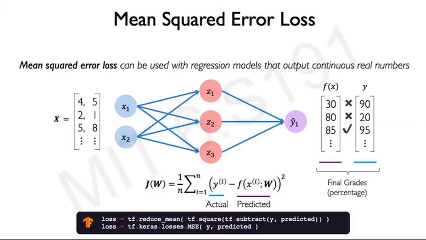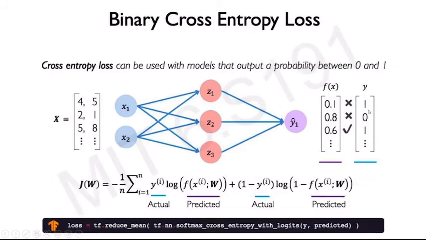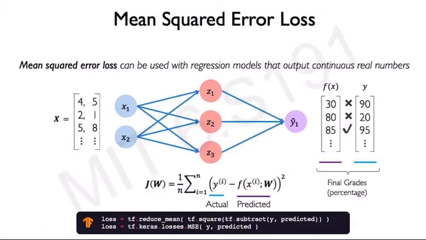I may decide to change the response variable here, instead of labeling it 0 and 1, where 0 represents those who fail the class and 1 represents those who pass, from a categorical variable to a continuous one, where I'm going to use the final grade of the student in percentage. That is what I have here now.